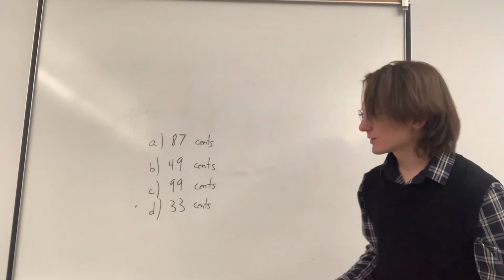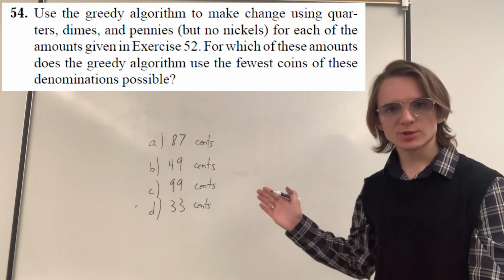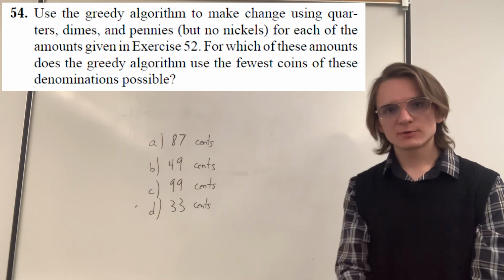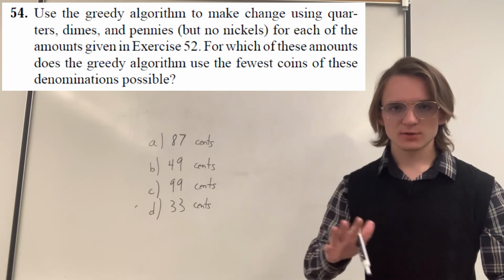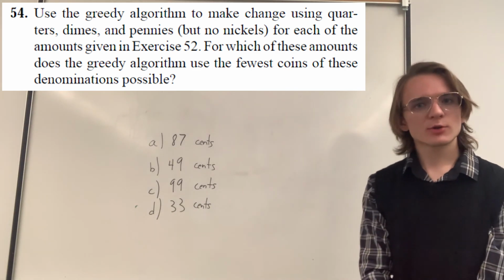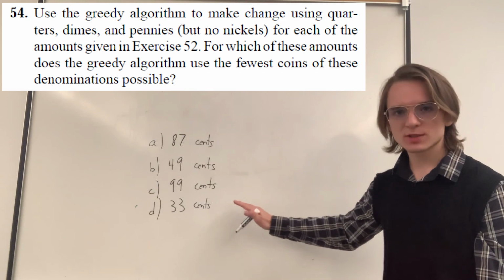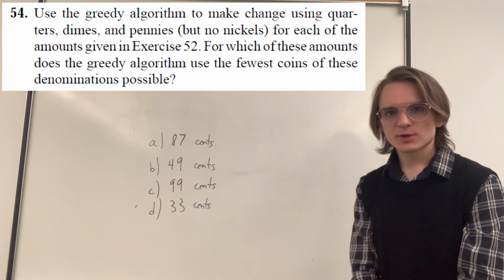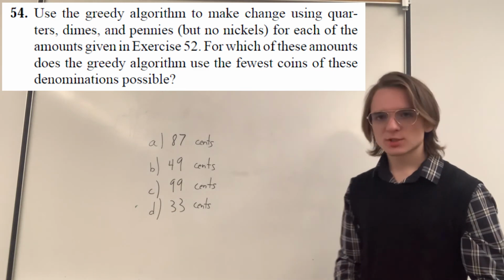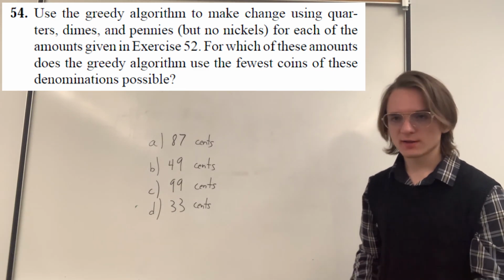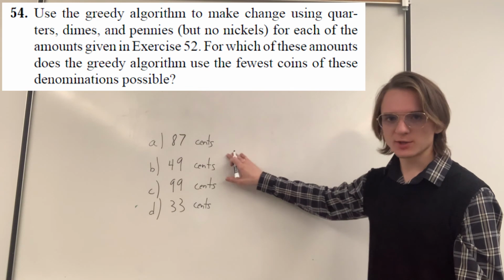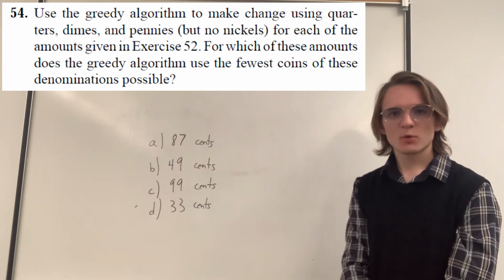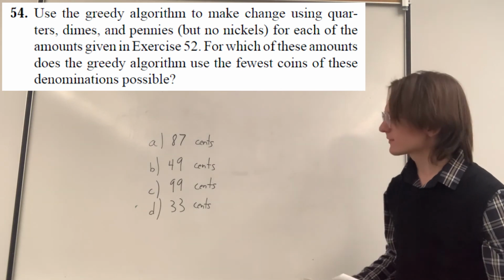Okay, we want to use a greedy algorithm to make change for these coin amounts. We're only allowed to use quarters, dimes, and pennies. There are no nickels. And then we want to determine which of these uses the fewest number of coins with the greedy algorithm. All right, so let's begin with A. We just subtract the largest coin possible. So it wouldn't be pennies or dimes, but it would be quarters, because quarters fit multiple times into 87 cents.